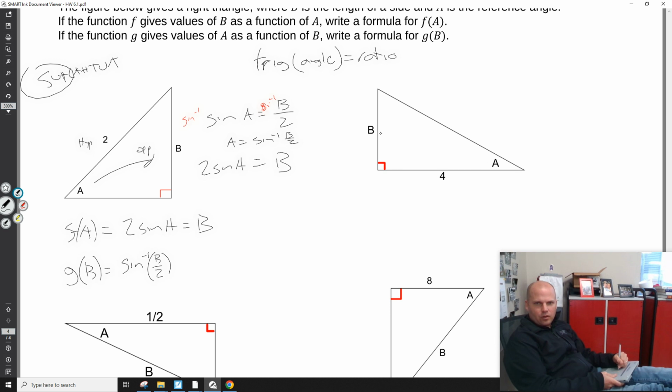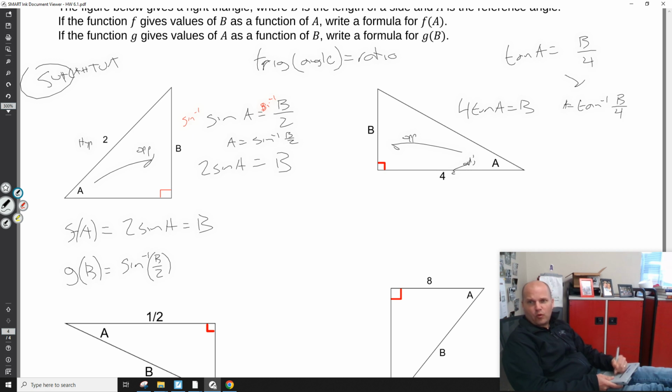Here, A is the angle, B is opposite, 4 is adjacent. So I'm going to use tangent. The tangent of A equals B over 4. Okay. Solving for B, I got 4 tangent A equals B. Solving for A, I get A equals tan inverse of B over 4.